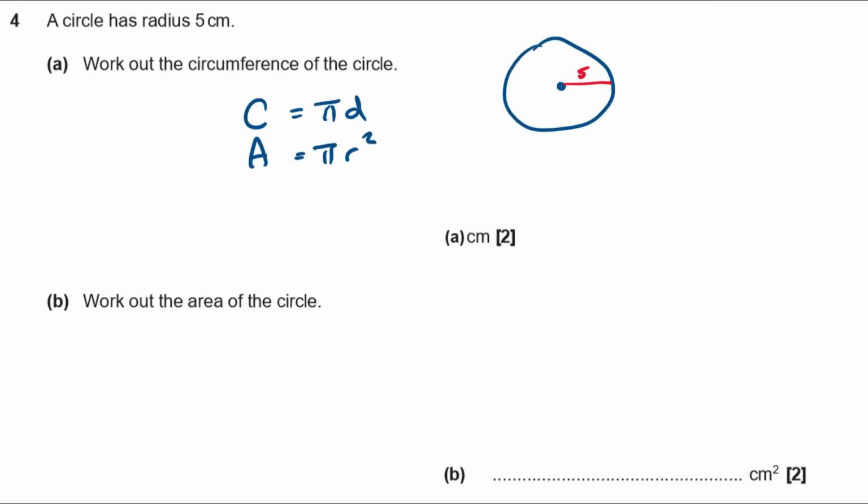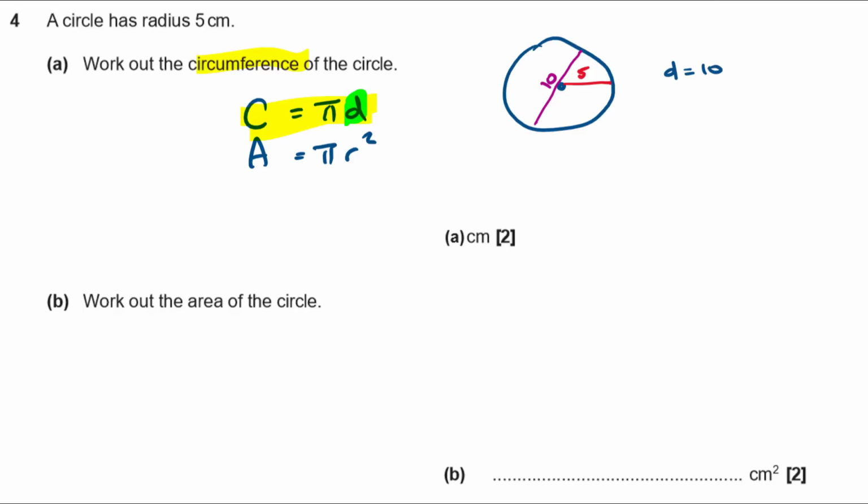Now in this case we want circumference, don't we, which is this one. But this one is in terms of d, isn't it? There's another way of writing this. There's two approaches here. We could just work out what d is. D is 2 lots of the radius. It's going to be 10, isn't it? It's going to be twice as long as the radius. Or you can use 2 pi r as well. That's another formula you can use. Okay, I'm just going to find d.